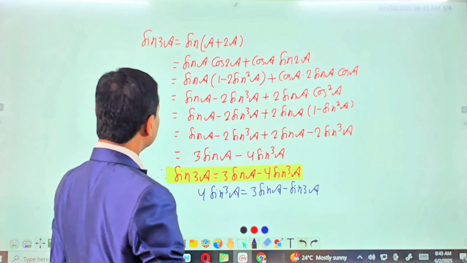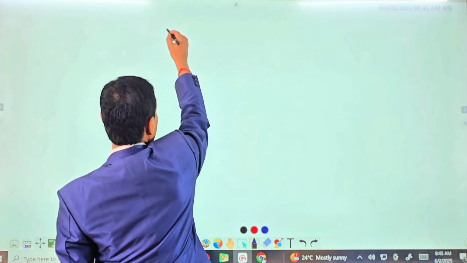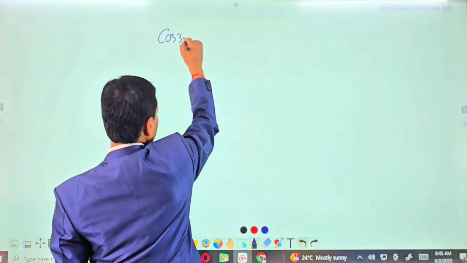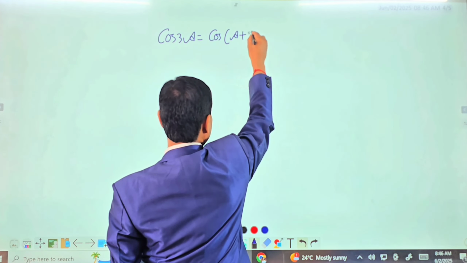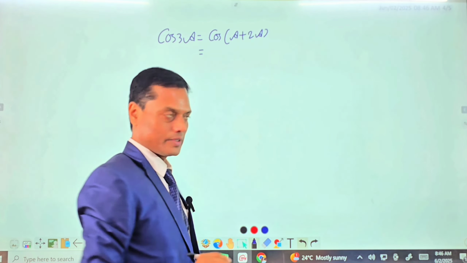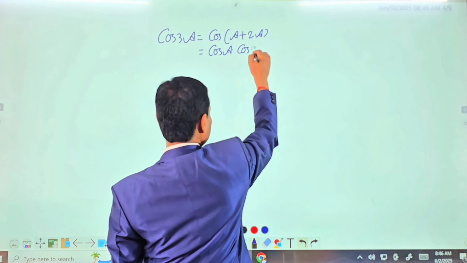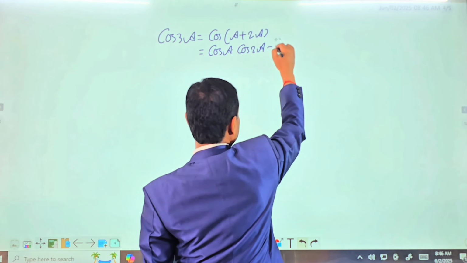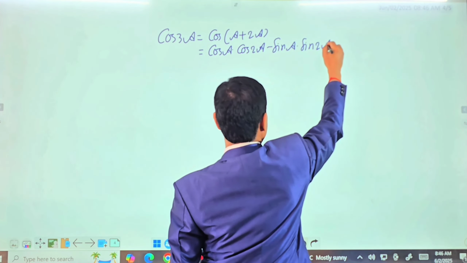Moving forward, let's see the formula of cos 3A, right? So we have here cos 3A equals cos of A plus 2A. Then the compound angle formula of cos(A plus B), that is cos A dot cos B, B means 2A here, minus sin A dot sin B, B means 2A here.